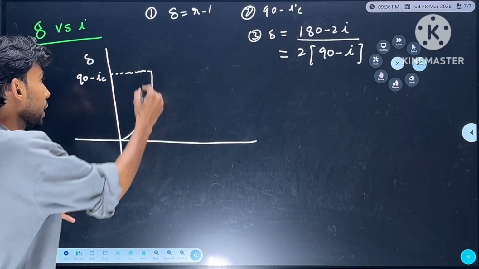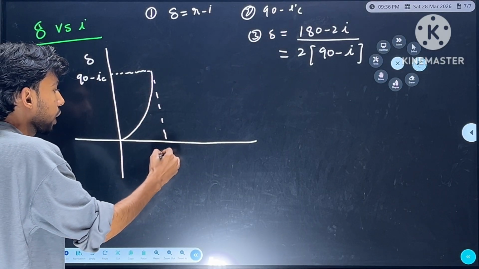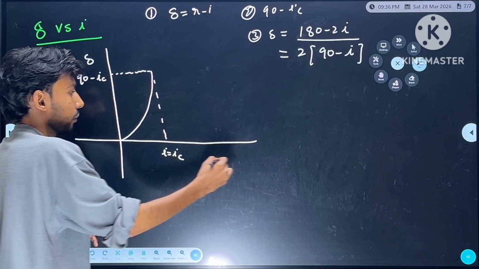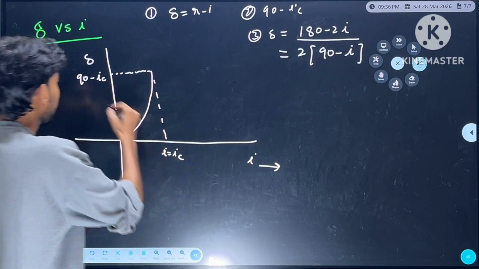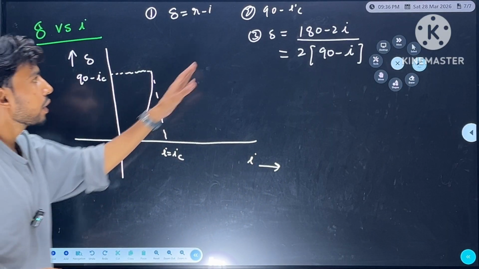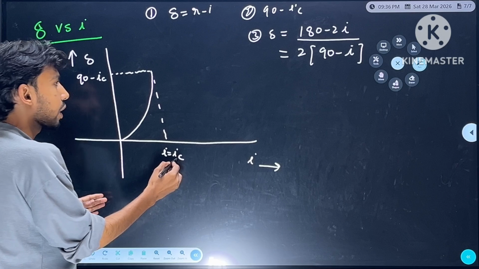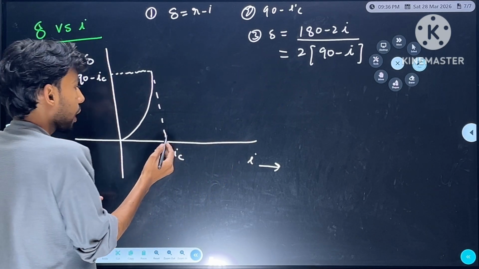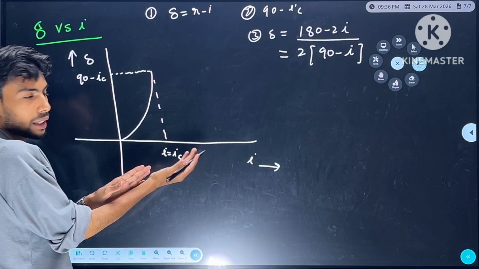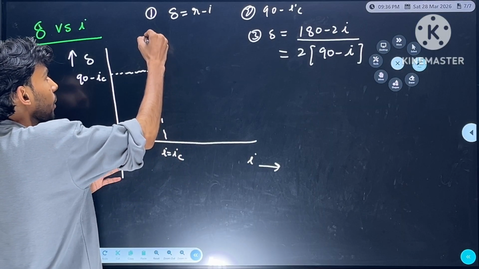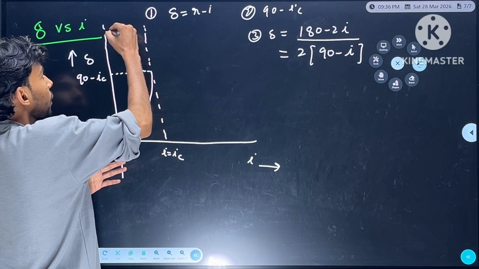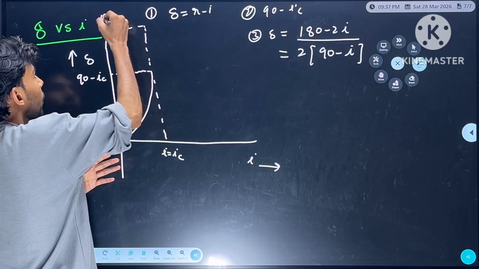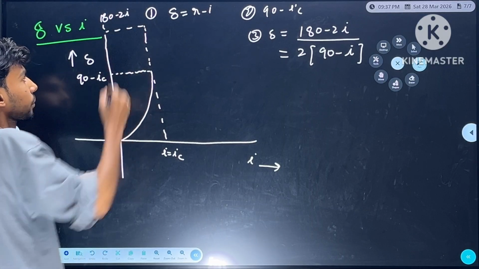As I increased I a little bit from I_C, this delta becomes almost double. So as I move a little bit right on the x-axis, this delta value almost becomes double. How much double? This delta value becomes equal to 180 minus 2I.